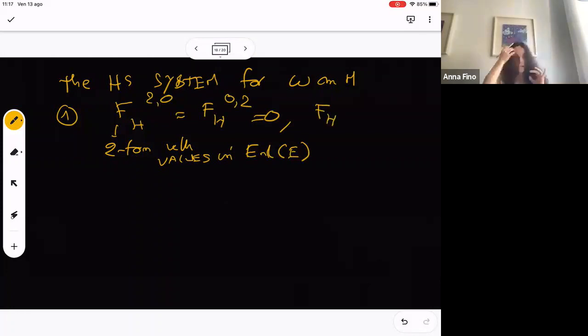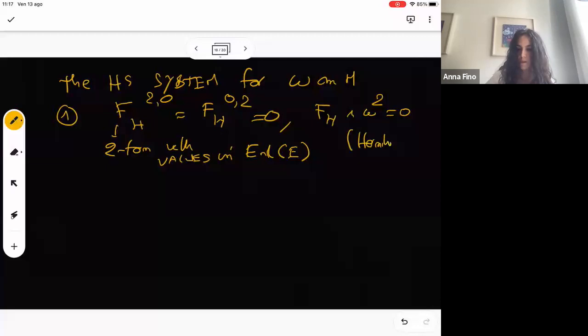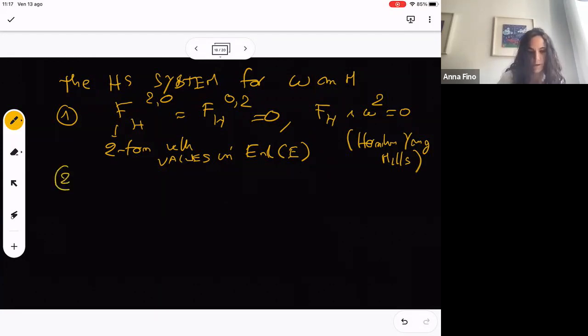And then it remains only one part: if you do F_H wedge omega squared, this is 0. This is the Hermitian-Yang-Mills condition essentially for our connection. And then we have a second equation that was not written in this form, but Li and Yau found out that it can be written in this form and give a nice link with the conformally balanced condition.